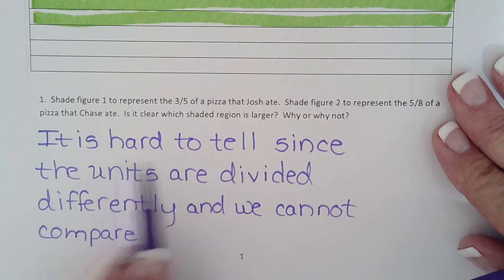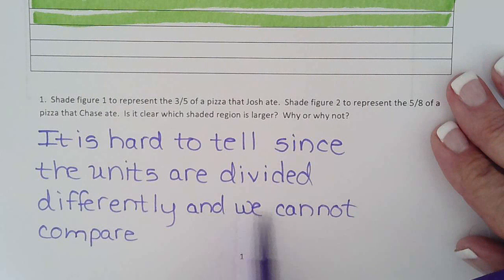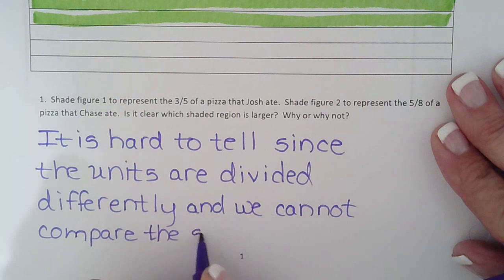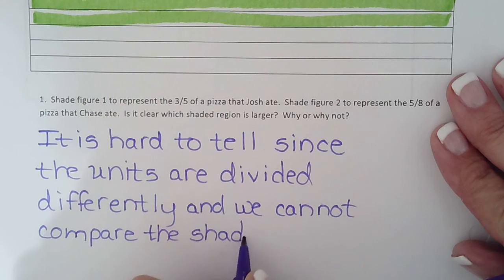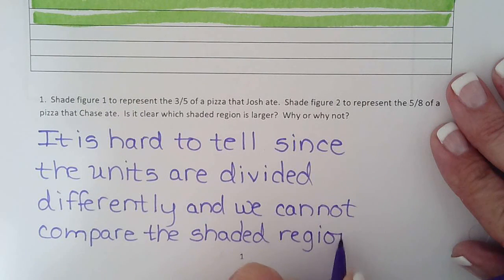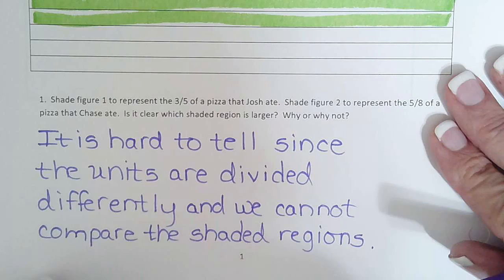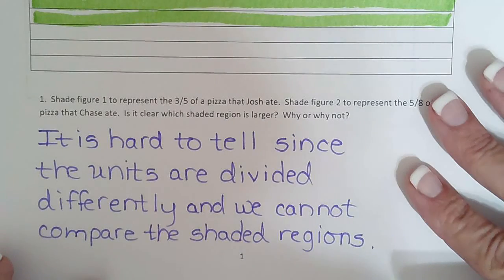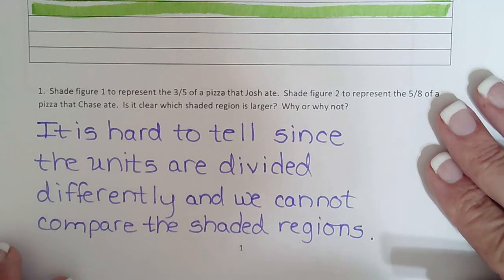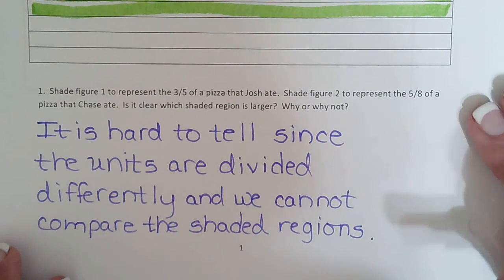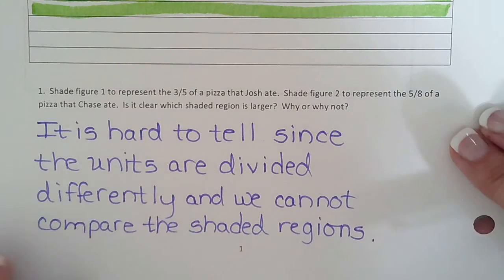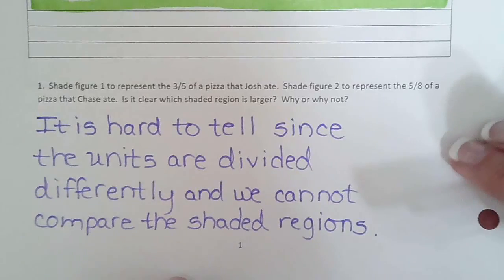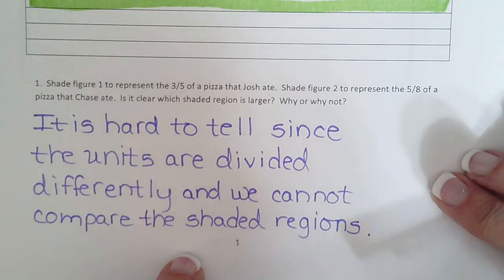So it's hard to tell since units are divided differently and we cannot compare the shaded regions. But since the wholes are the same, that's going to allow us to compare the fractions. So let's go ahead to the next page after you get that written down and compare the fractions.